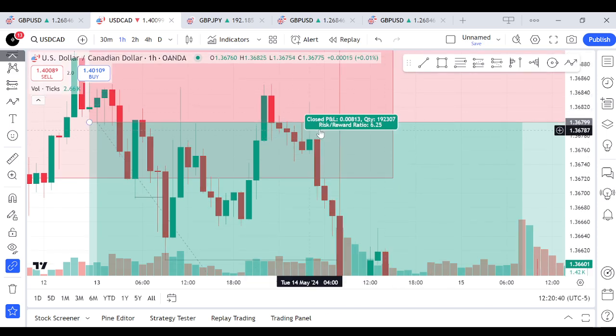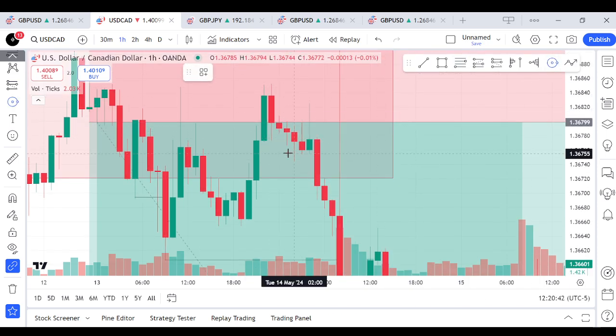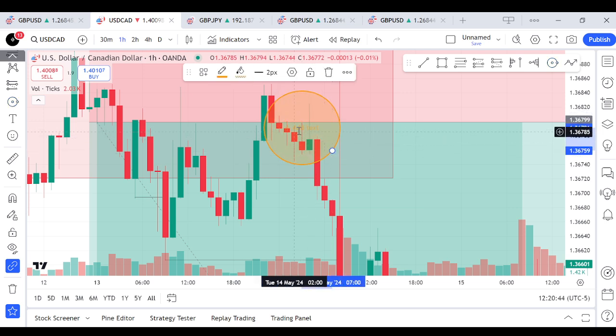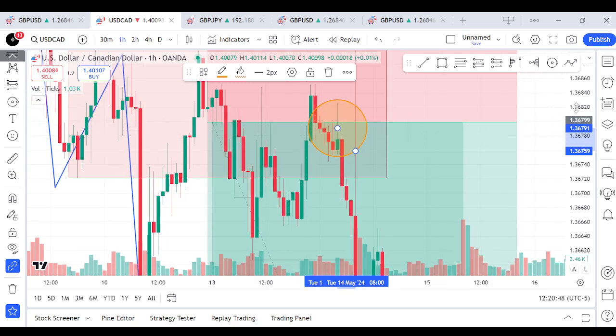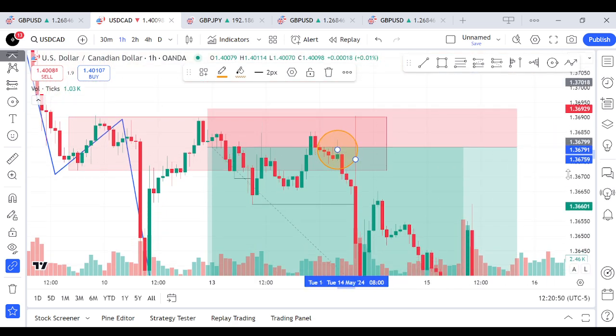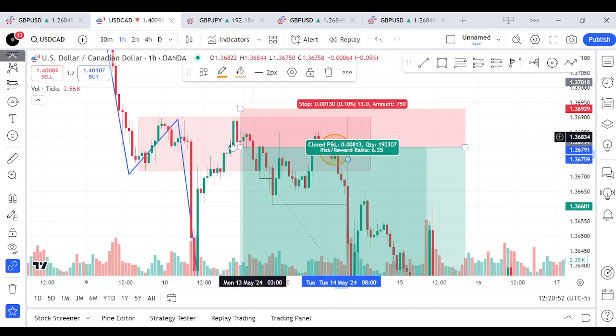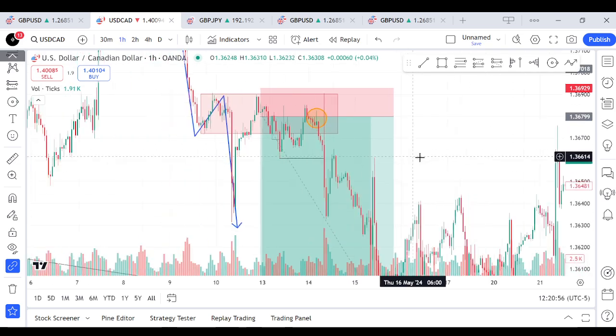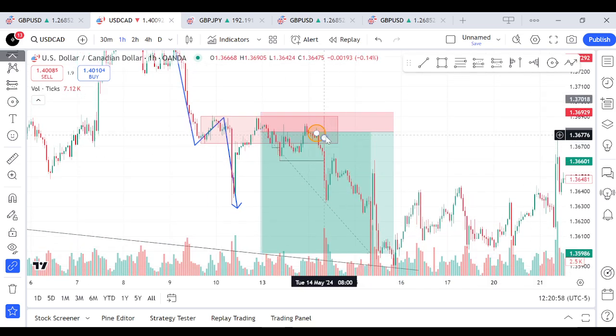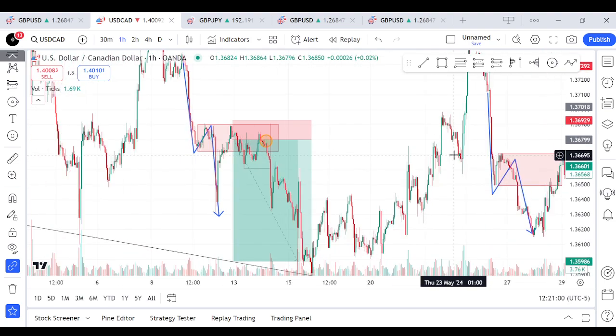This is the inverted hammer right here. Just gonna circle it. And you see these consecutive red candles showing us that yes, we should be looking to enter. All of these were happening inside our resistance level. And yes, that was how we were able to catch this massive push to the downside.